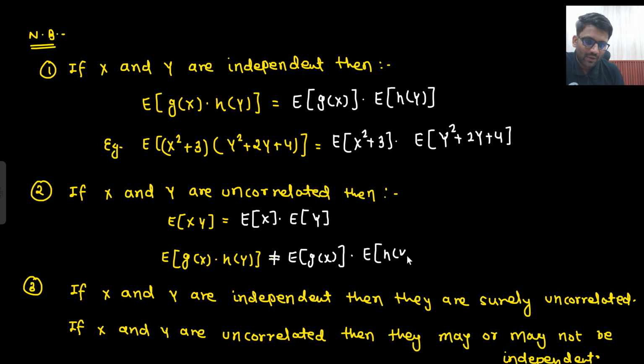You cannot comment much about this. So here not equals to sign, but here equals to sign. This is the difference. If x and y are independent, then they are surely uncorrelated. But if x and y are uncorrelated, then they may or may not be independent. Is that okay for you?